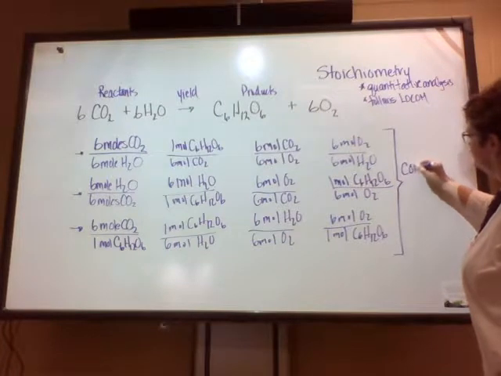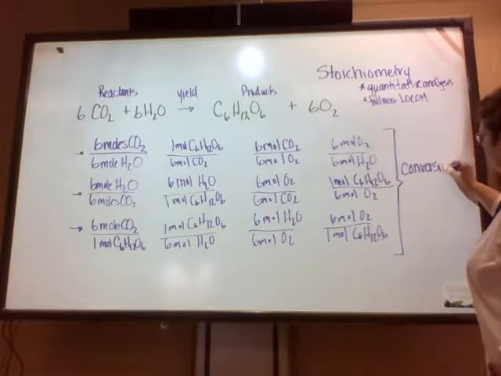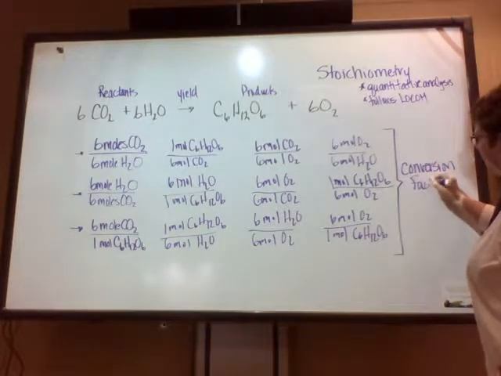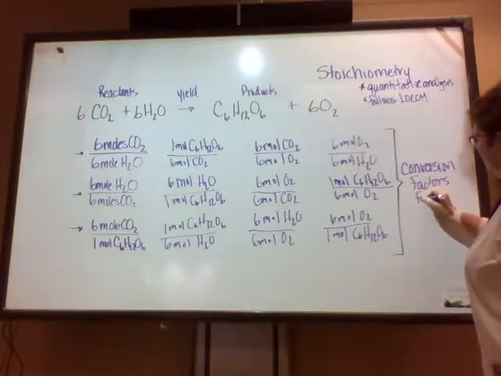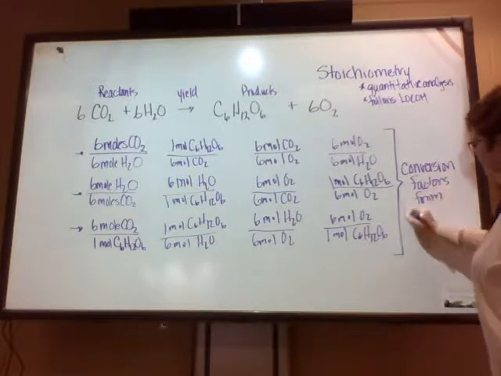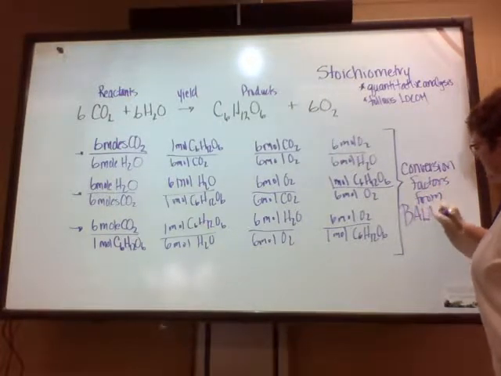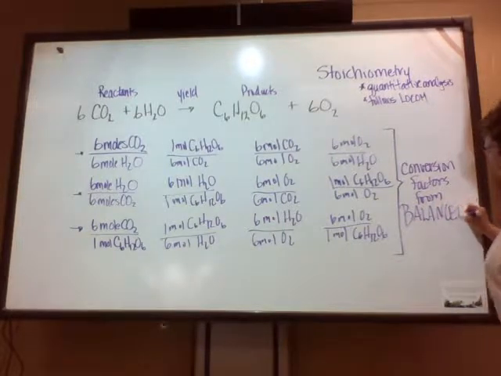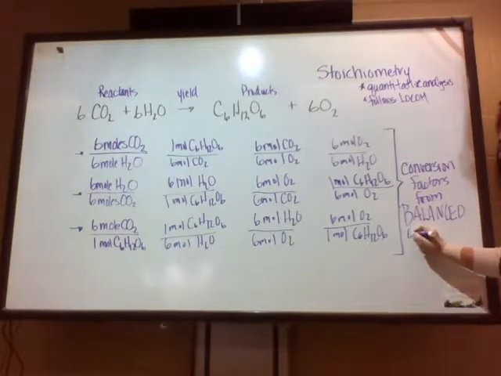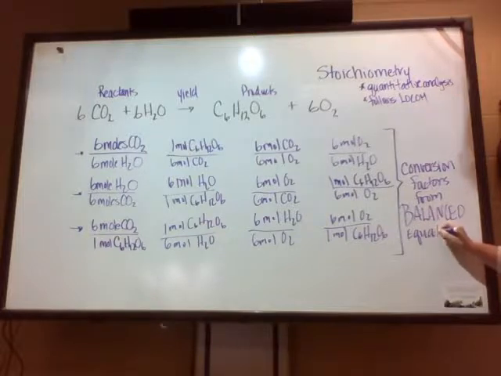These are conversion factors from balanced equations. Why do you think I capitalized balanced? What's going to happen to some of us? Think we might forget how to balance it? So remember, these are the conversion factors from balanced equations.